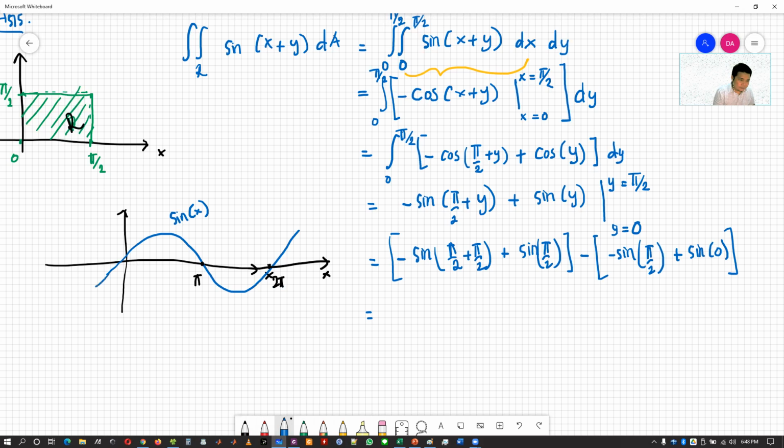Of course, to the left is negative x, and this is 0. Sine of pi is 0. Sine of pi over 2 is 1. So this is 1, this is also 1, and this is 0.